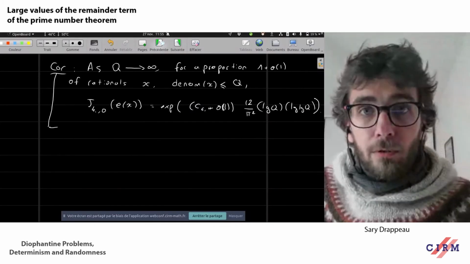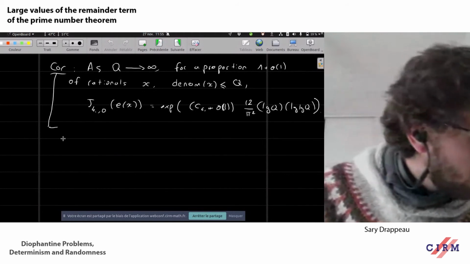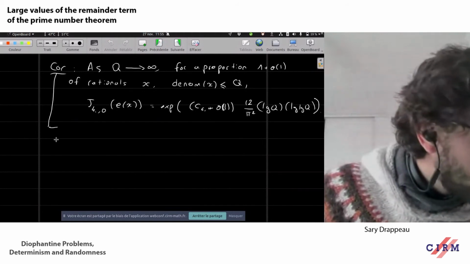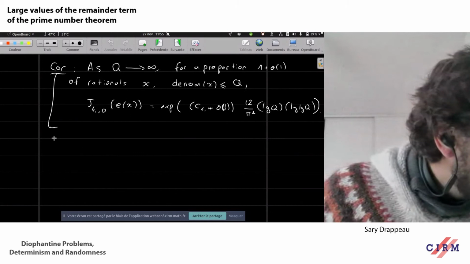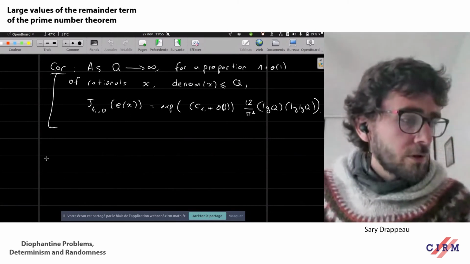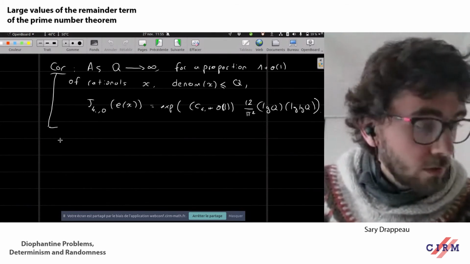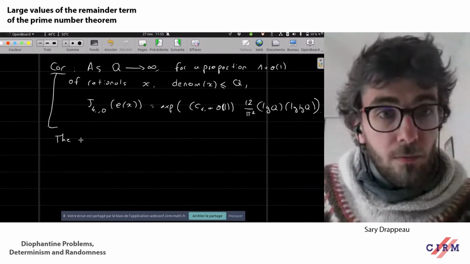So you can ask about this condition. Is it necessary or what? And well, we're very happy because Christoph Aistleitner and Bence Borda, earlier this year, obtained a very nice statement, which I'll state now.